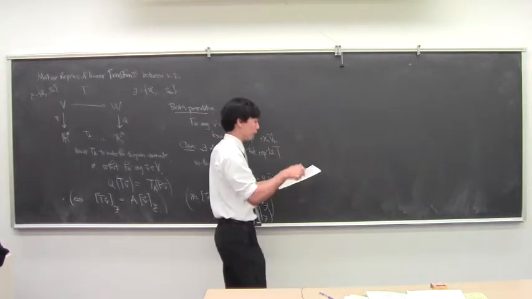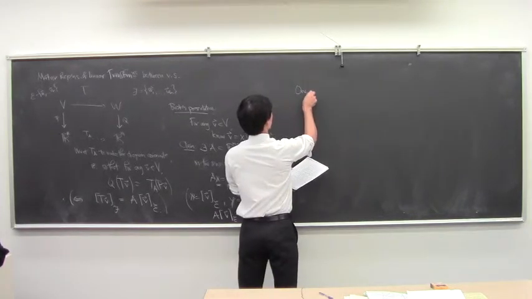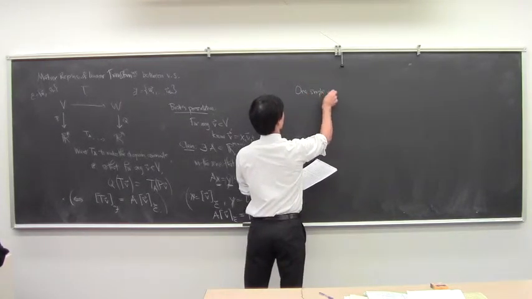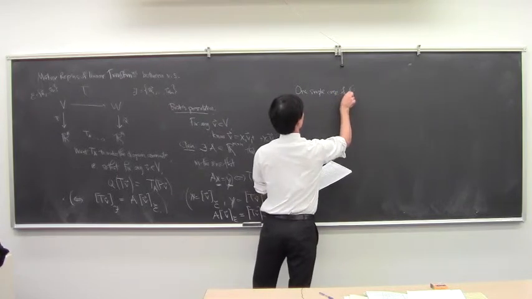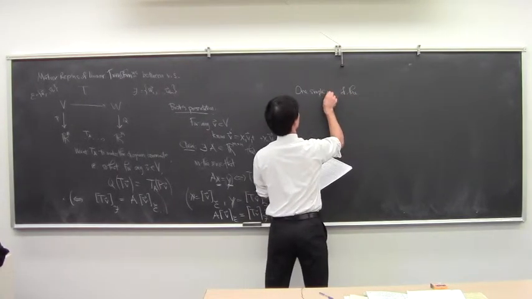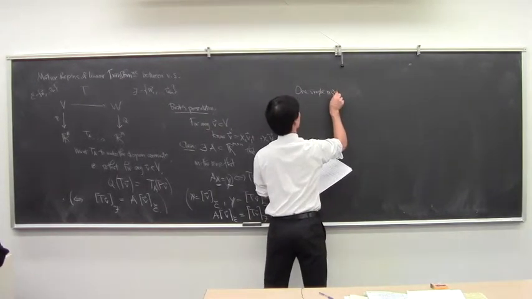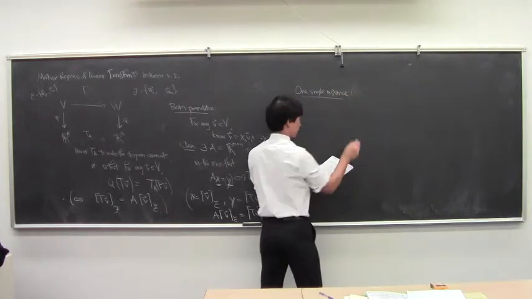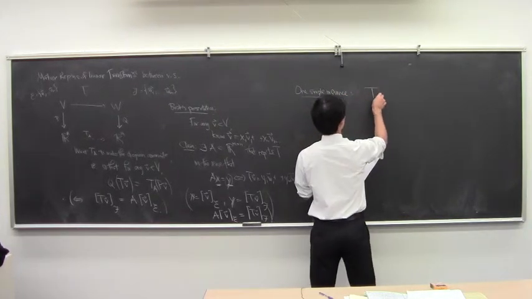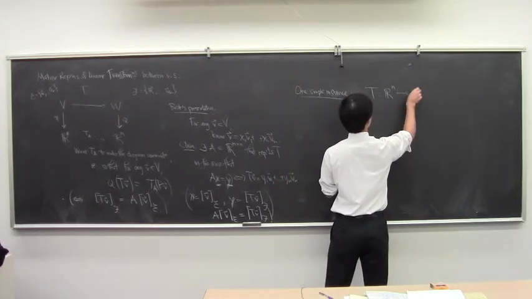So here's one simple case: you have T going from Rn to Rm.